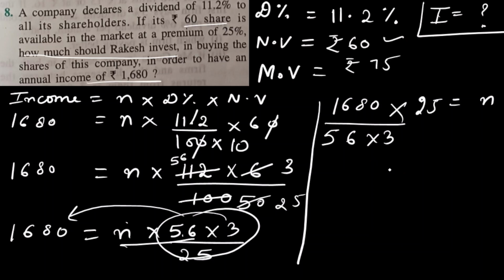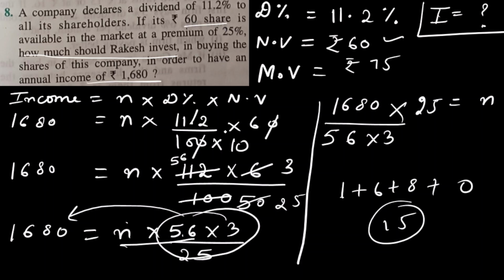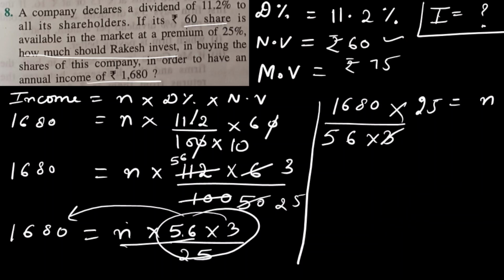Now let's do cancellation. This number, let's check 1 plus 6 plus 8 plus 0. So this is 7 plus 8, 15. So 15 goes on 3 stable. That means this full number will also go on 3 stable. Directly I am just checking. I have already told you the divisibility test of 3.